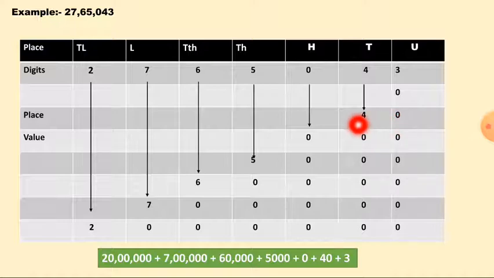Then after writing the 4, the unit place will be empty, so we will write 0 there. Then moving ahead, we will write the 0 down, the hundred place 0. Here there was no number, so we will write 0 only and we will not pronounce anything. After that, two places are empty, so we write 0 0 as it is written over here.